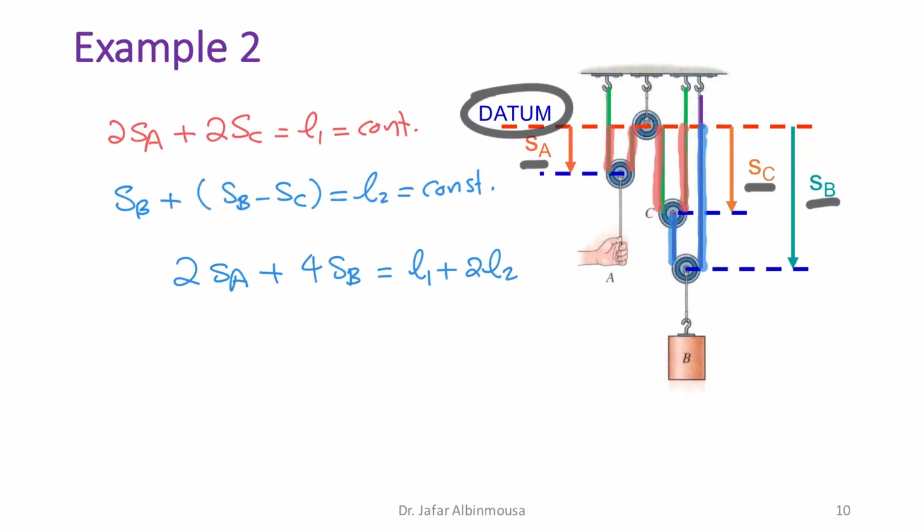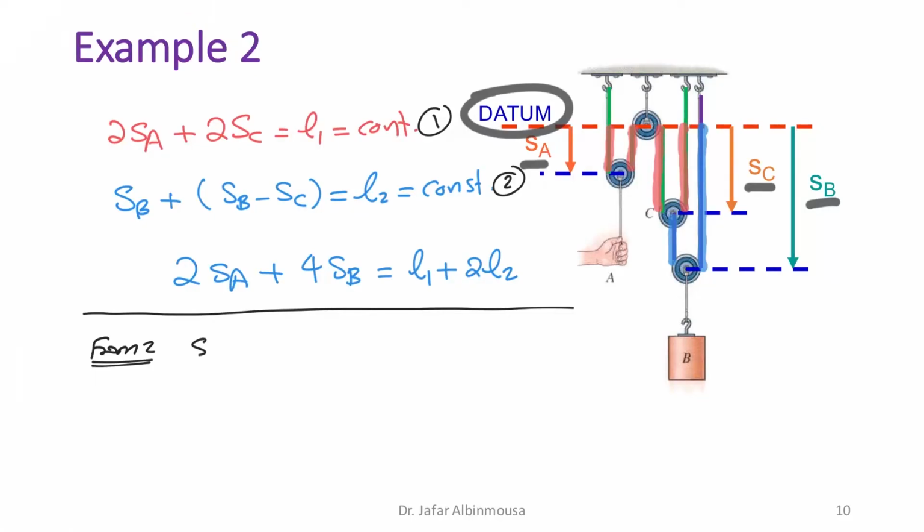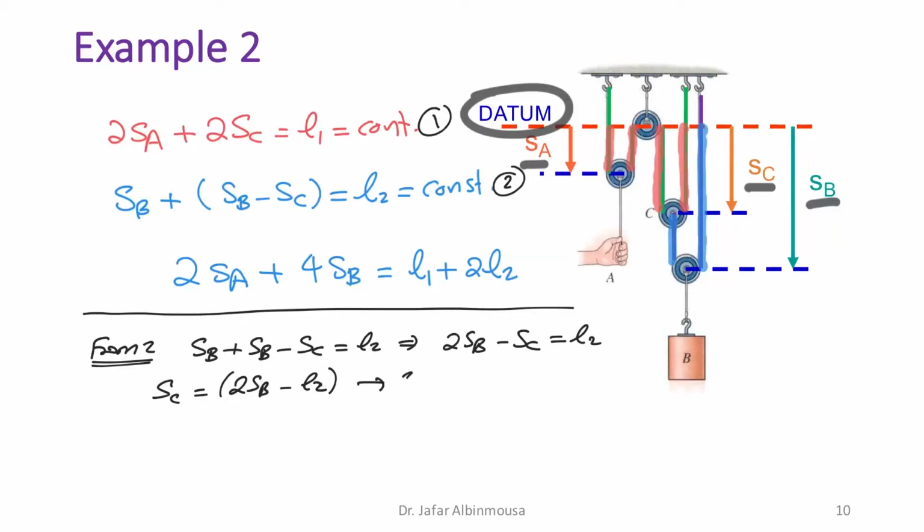If I want to write this in detail, let me quickly show you how I did this. Call this equation number 1 and this equation number 2. From equation number 2, we have SB plus SB minus SC equals L2, which gives me 2SB minus SC equals L2. If I solve for SC, I will get SC equals 2SB minus L2. This is equation 3.